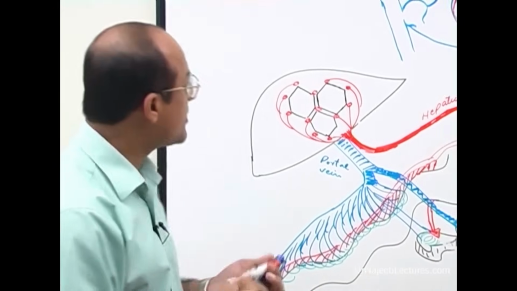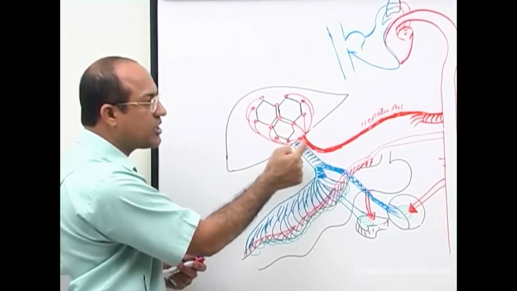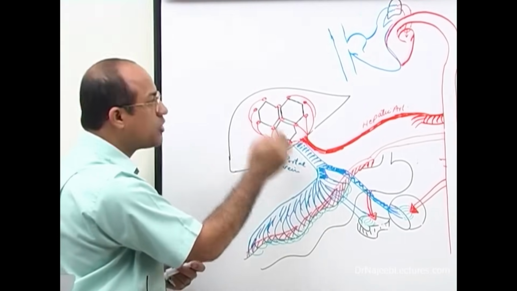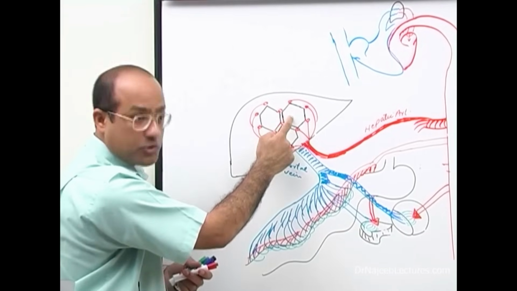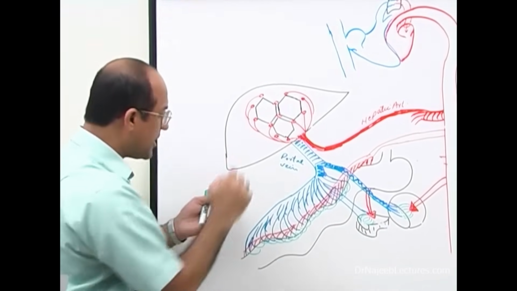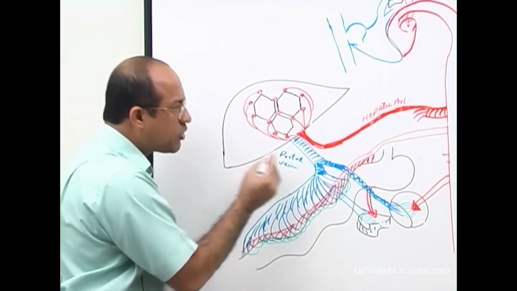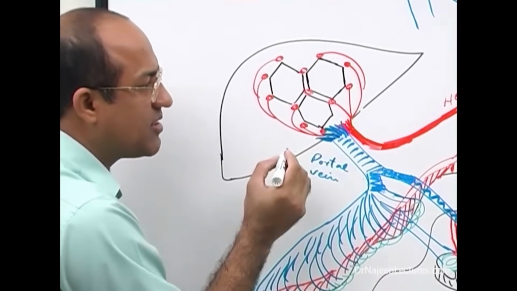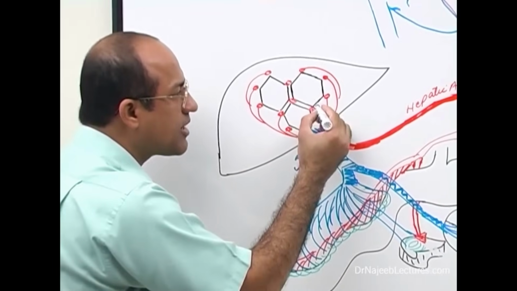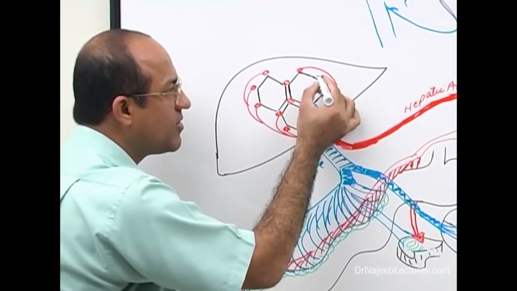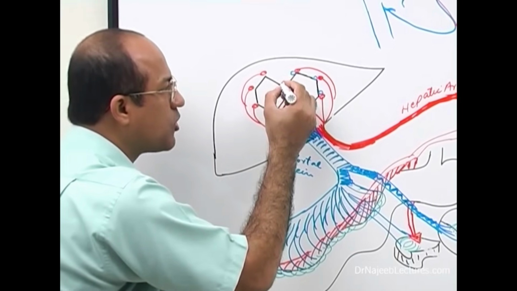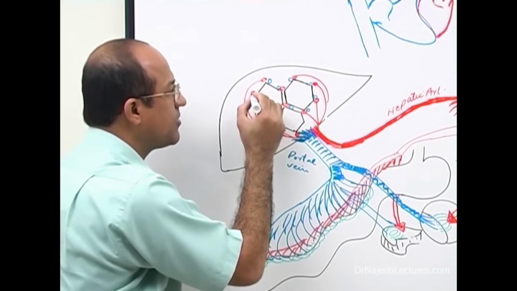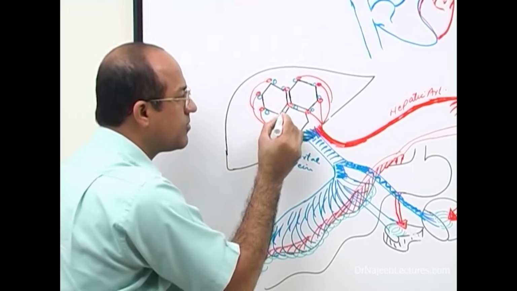Is that right? But in this structure, not only do we need oxygen coming from this area, but we should bring all the nutrients and metabolites to this area to be treated by the hepatocytes. So portal blood should also come over there. Actually, the portal vein also breaks down into many, many small branches. And you will be surprised, at every corner, what is this? A branch of the portal vein will be present at every corner.